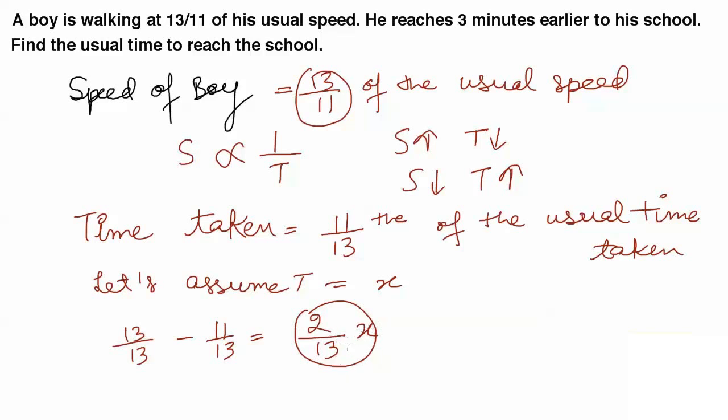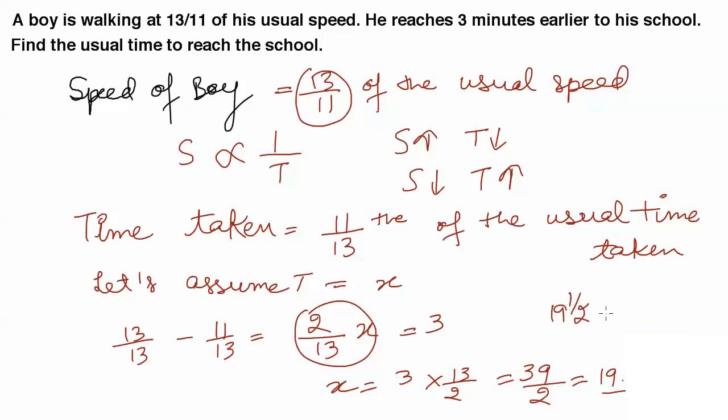And what is the value of 2/13 x? That is 3 minutes. So x is equal to 3 multiplied by 13/2. So it becomes 39 divided by 2. So it is 19.5 minutes. So 19.5 minutes is the usual time to reach the school, and that's our answer.